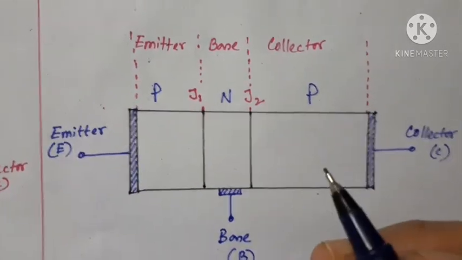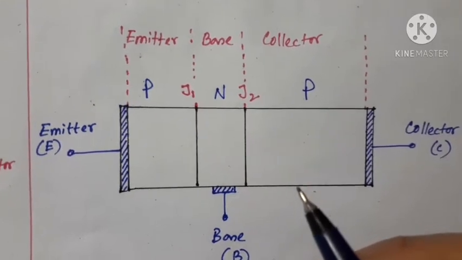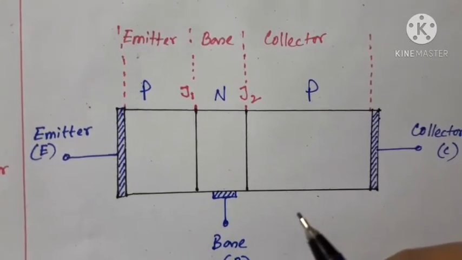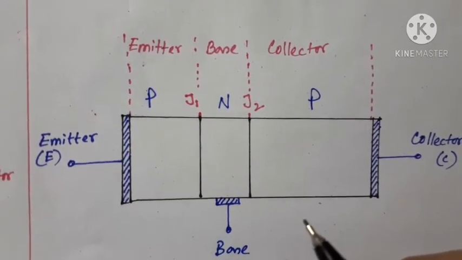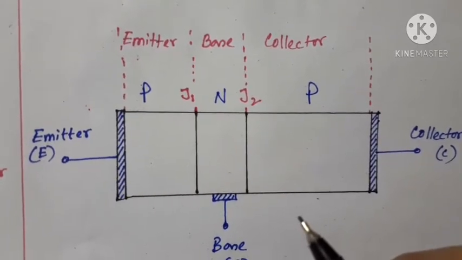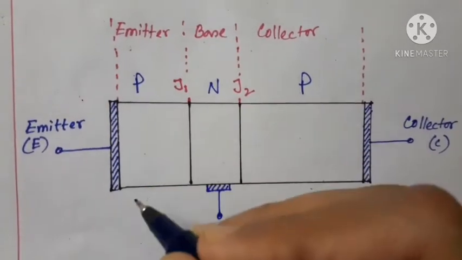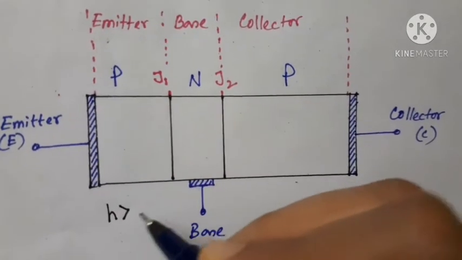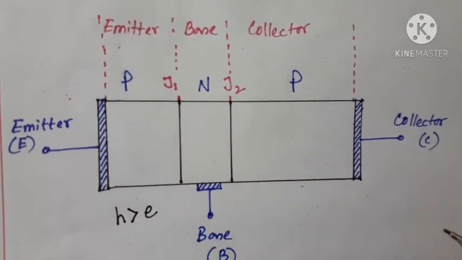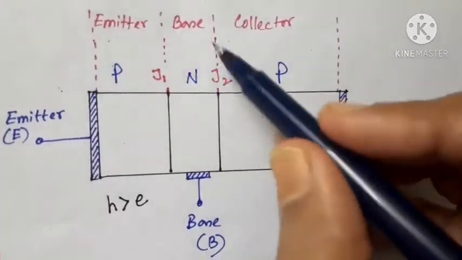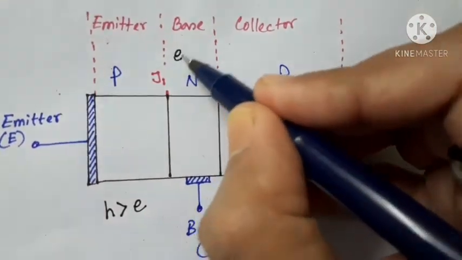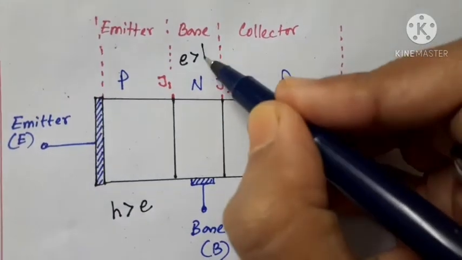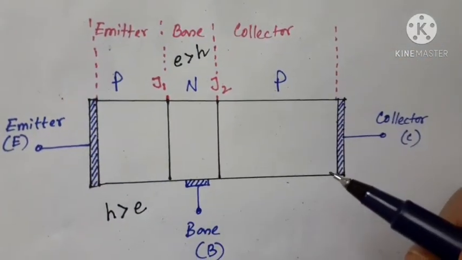As you know, a P-type extrinsic material has plenty of holes and a few electrons. That is, within this P-type material, holes are the majority carriers and electrons are the minority carriers. And within this N region, electrons are the majority carriers and holes are the minority carriers.